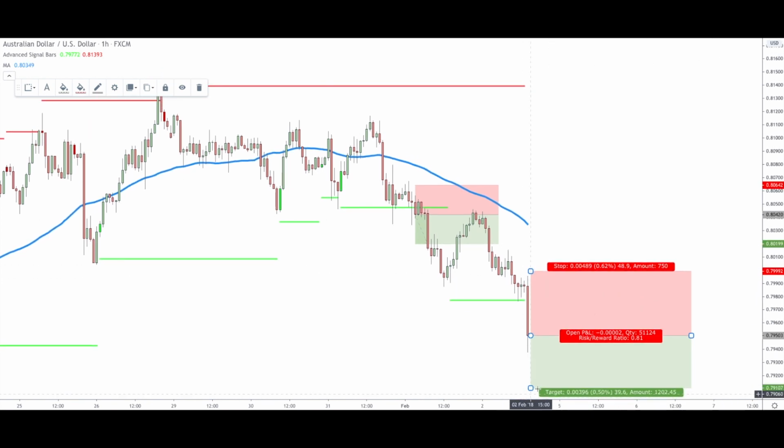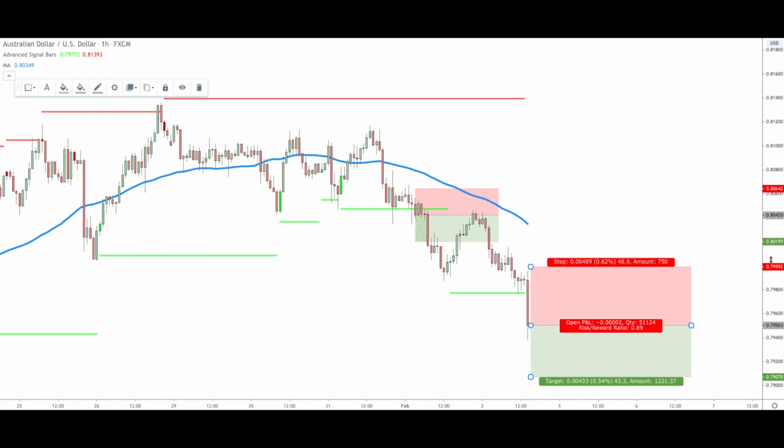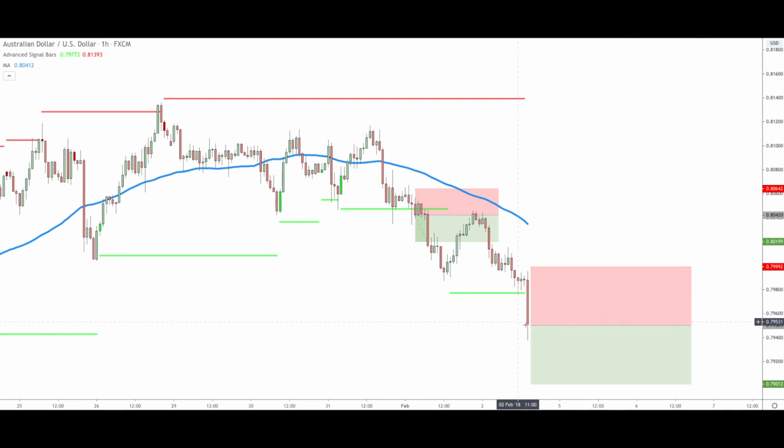And let's see, the target is going to be right here. Okay, I want to have a 1-to-1. Okay, so guys, let's take this trade and see how it goes.